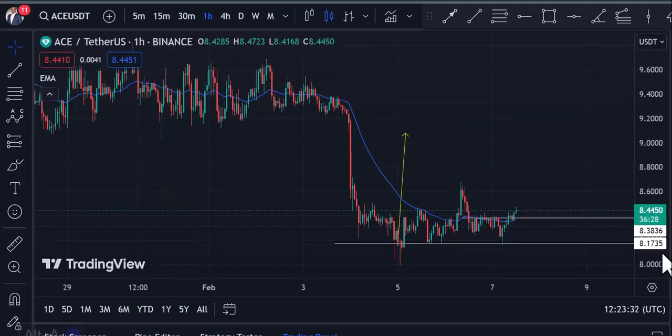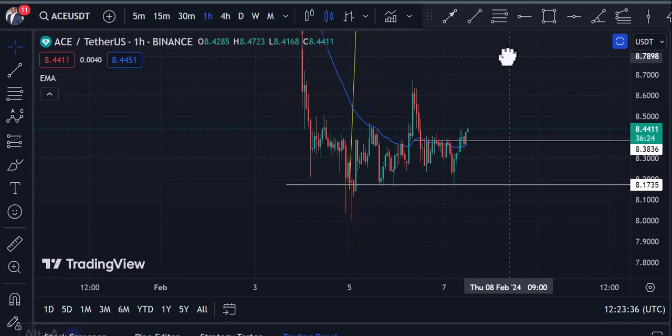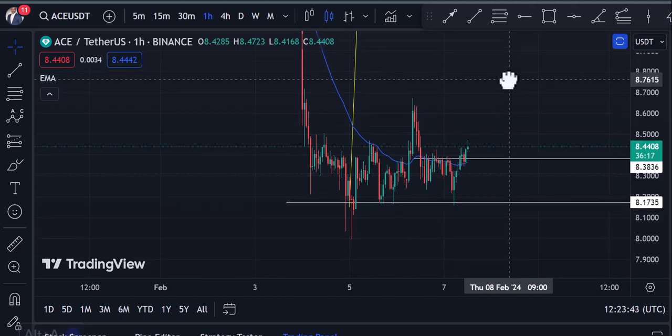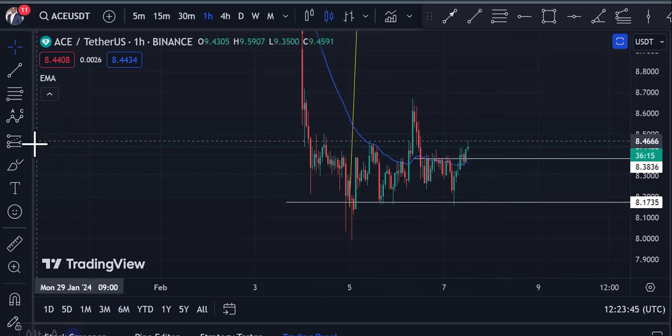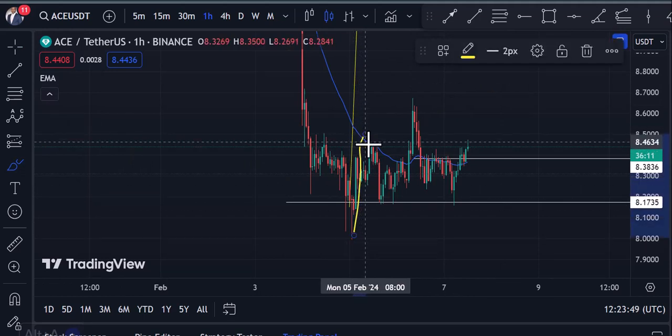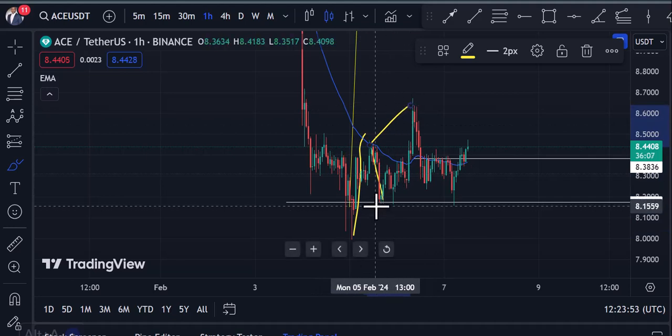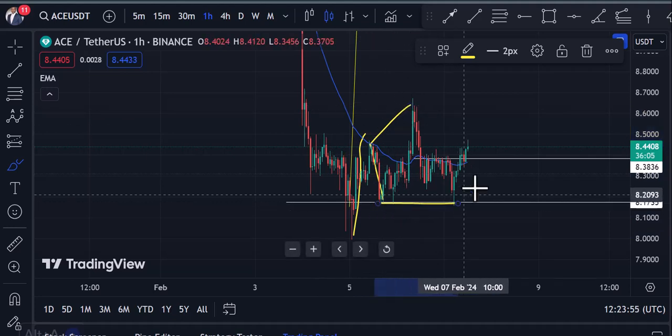So let's take a look at this one, which I'm currently in now. This is SUST USDT. My thought process here is we have this impulse, guys. This is an impulse. Then we have had this massive corrective structure. This is what they call an expanding flat.